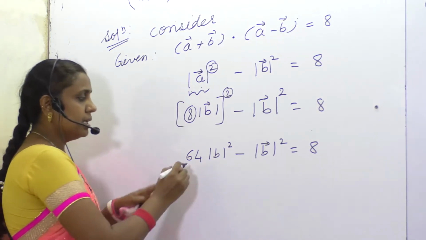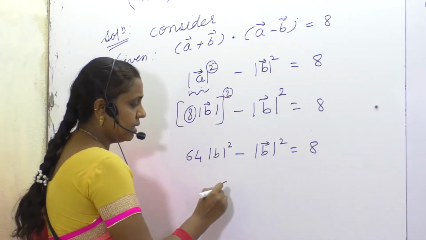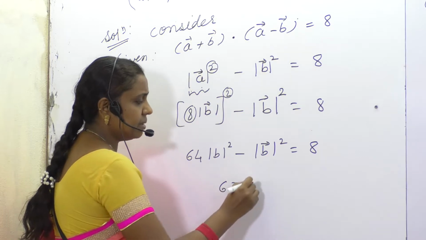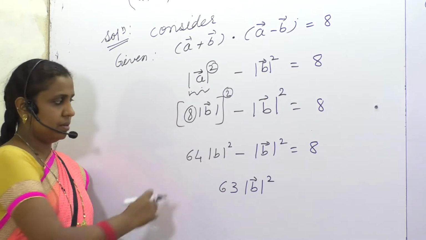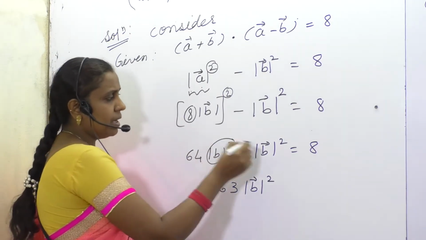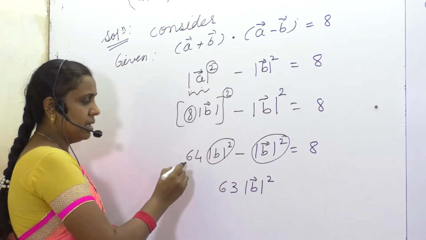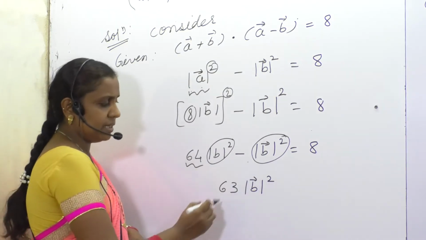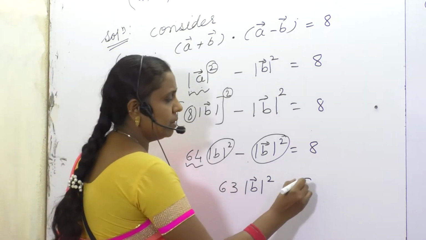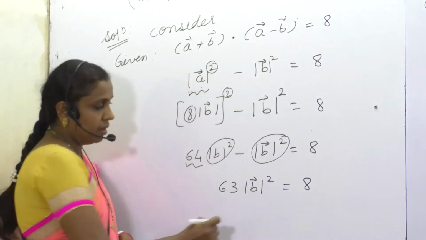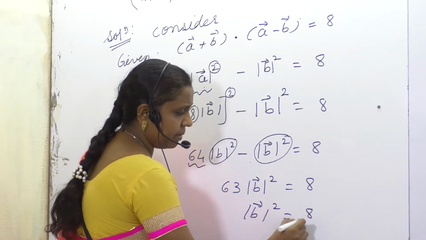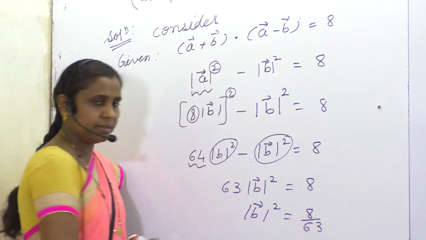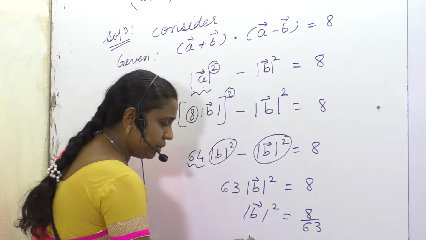Now what will you do? Because B square you can take common, 64 minus 1 is 63 magnitude B square, is equal to 8. Magnitude B the square is equal to 8 by 63. Now only the magnitude B is required.